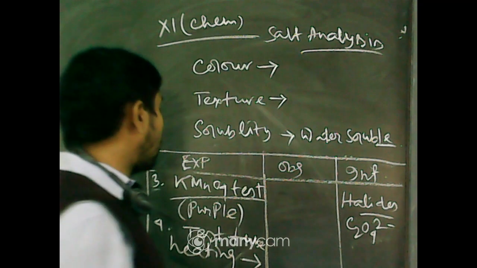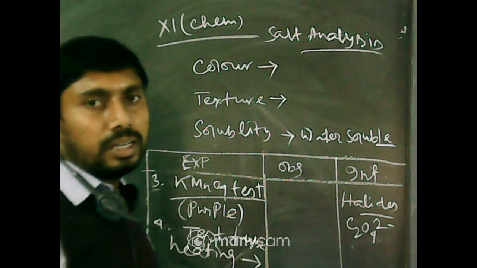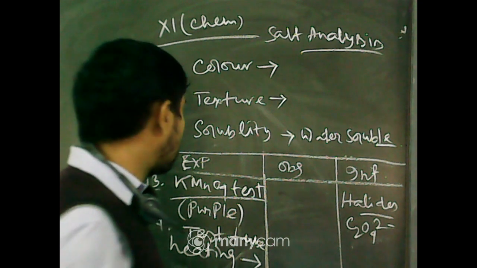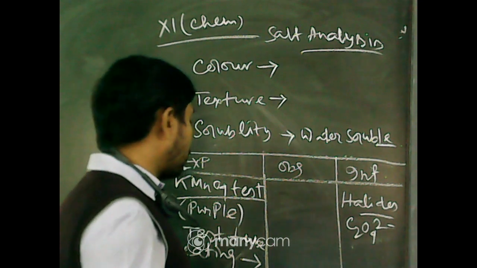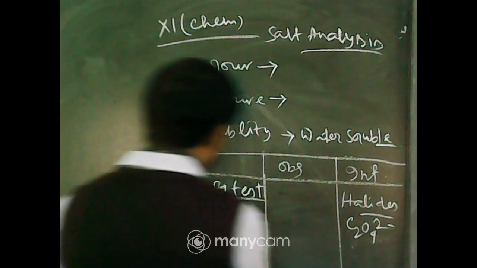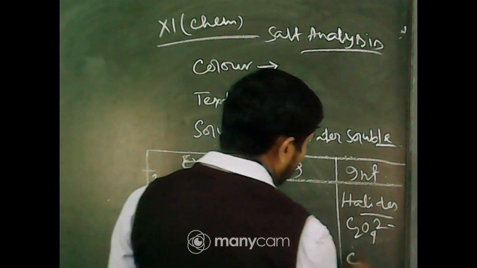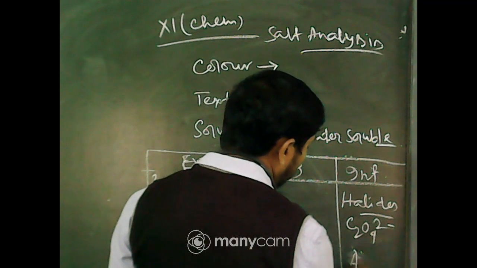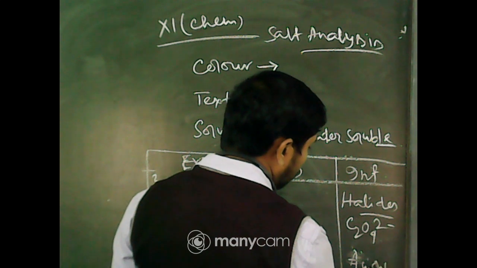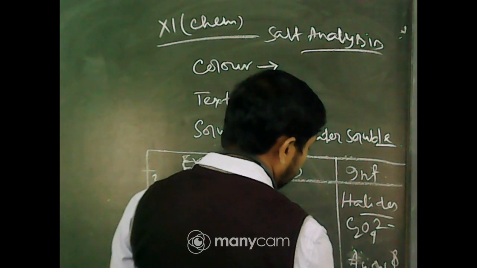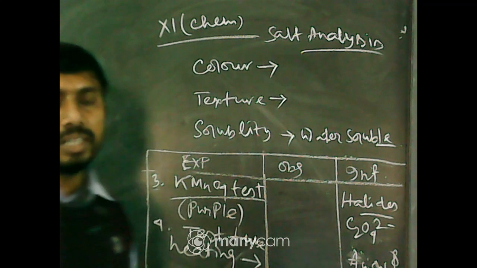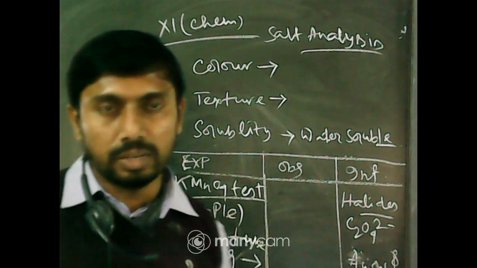So, these are the changes in the physical characteristics, also part of these observations. Under dry test tube heating, halides, that is anions, and cations both can be detected in the preliminary way.